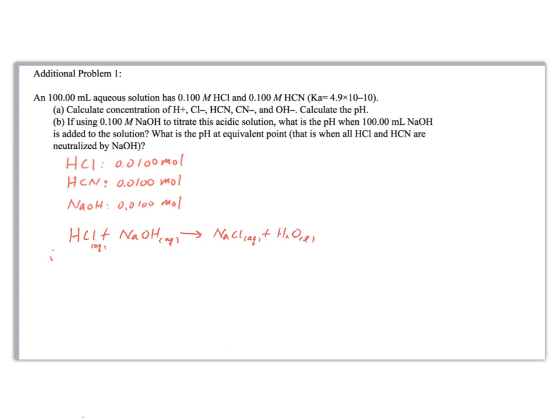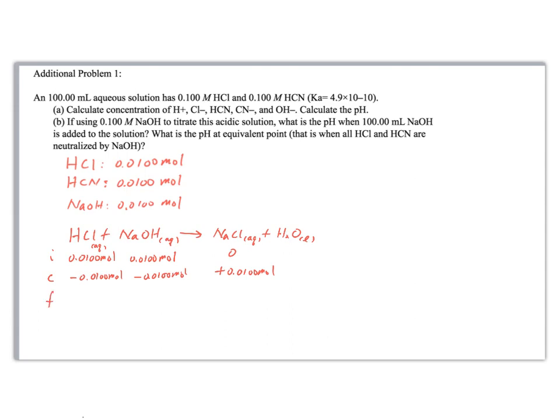Initially, we have 0.0100 mole of strong acid and 0.0100 mole of strong base. They will react completely with each other. Initially you have 0 mole of salt, and it will generate 0.0100 mole of salt.